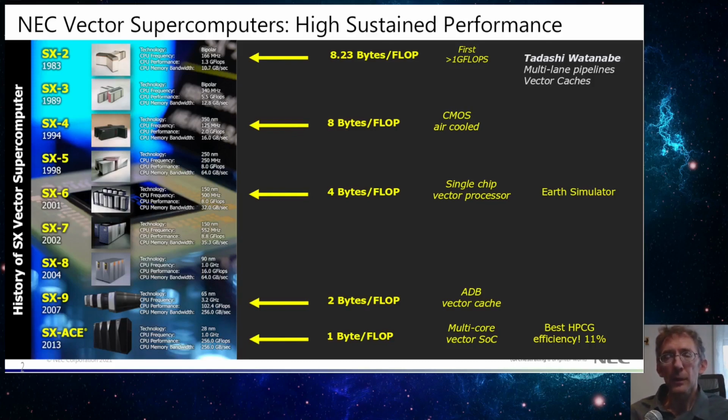These computers were mainframe-sized, and they were designed for high sustained performance. I'd like to remind you that back then, 4 decades ago, the vector supercomputers were the general-purpose machines for doing high-performance computing.